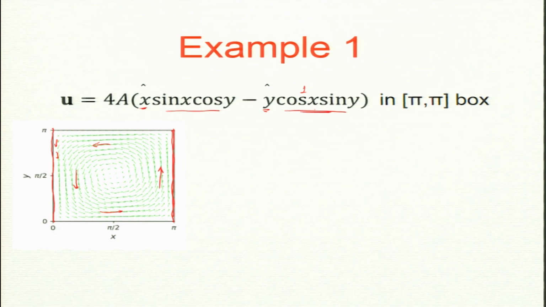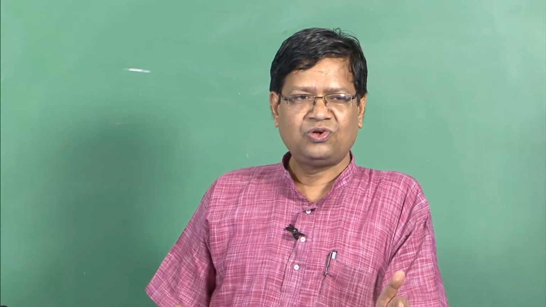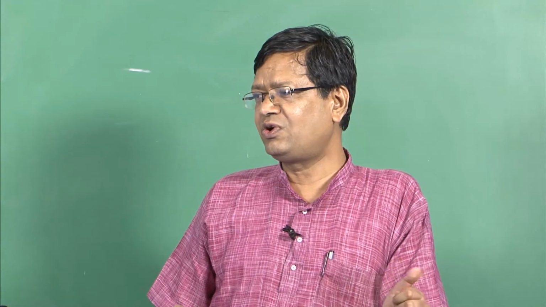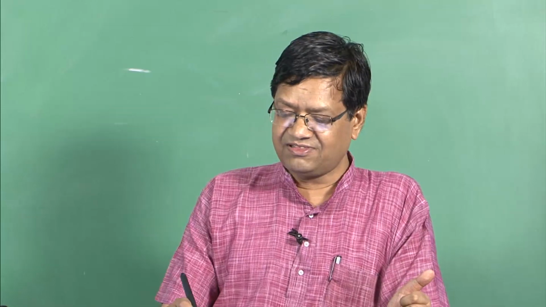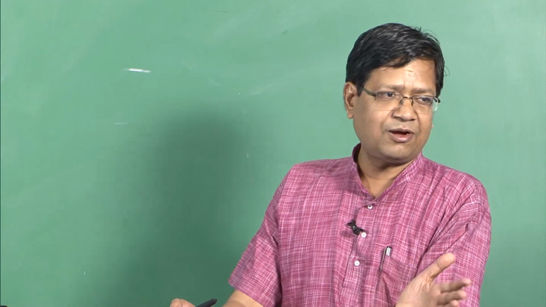For a rigid wall, I said both components of the velocity must be 0. So, this wall has this peculiarity that the tangential component is not 0 at the wall, and this is called free slip basis. My perpendicular component toward the wall is 0, but the horizontal or tangential component is not 0.